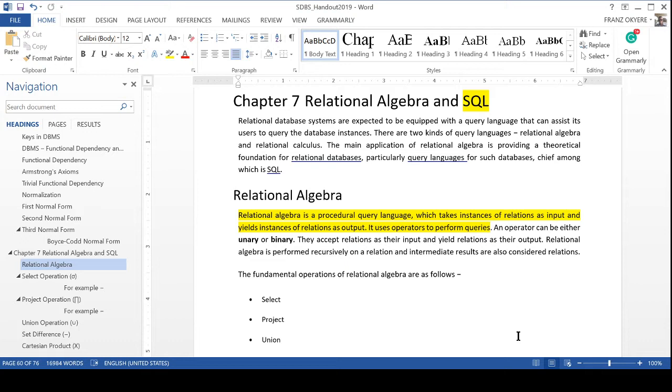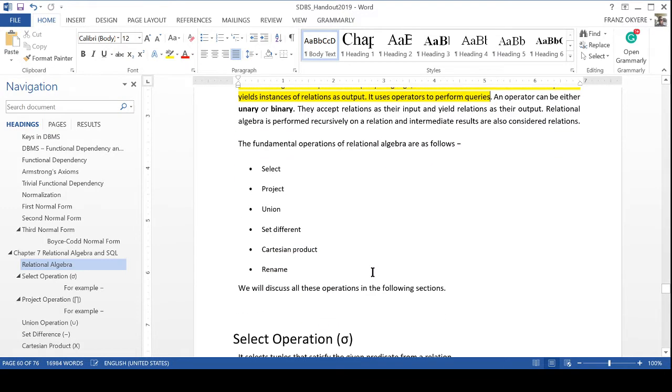All right. So we want to talk about the fundamental operations of relational algebra, and the fundamentals are as follows. We have the select operation, the project operation, the union operation, the set difference operation, the Cartesian product. You can even have the rename operation. All right. So these operations are used on relations.